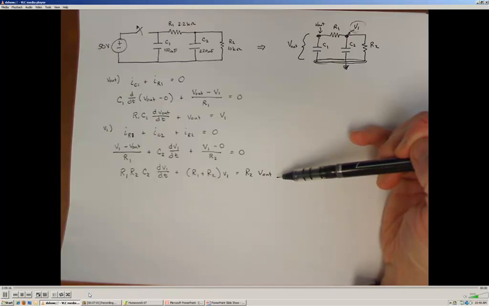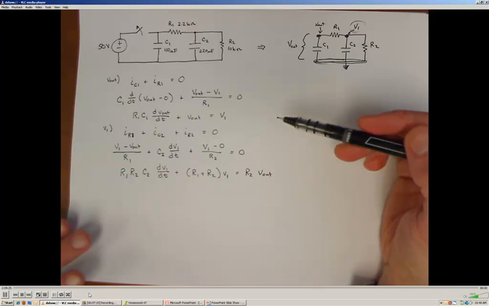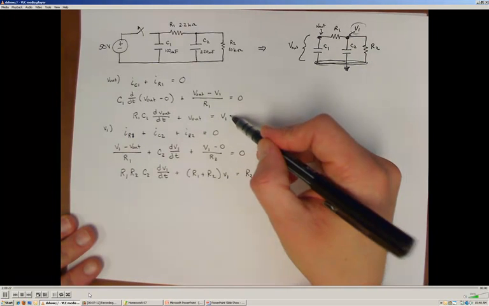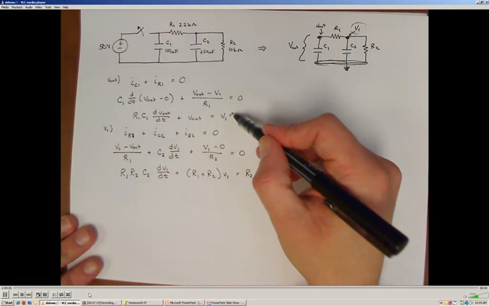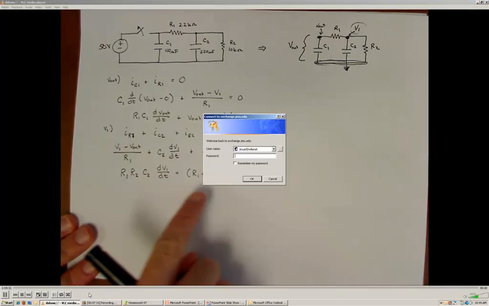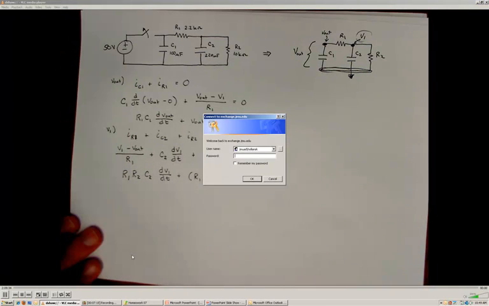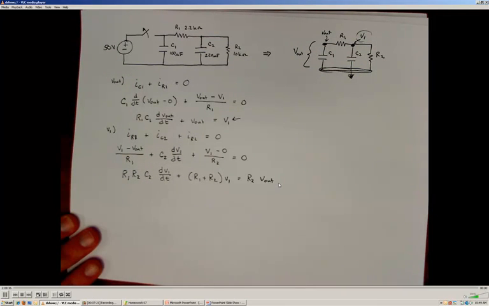What we'd like to do is come up with a single second order differential equation that will describe the system. So I'm going to take my result for V1 and substitute it back into this differential equation right here. Yuck. Well, let's do that.